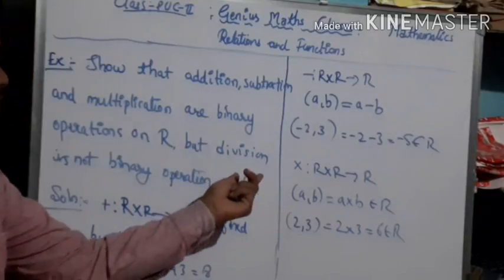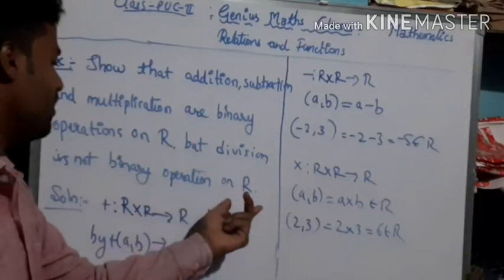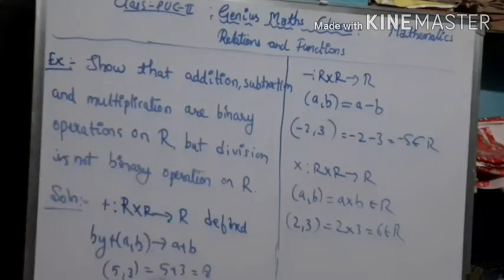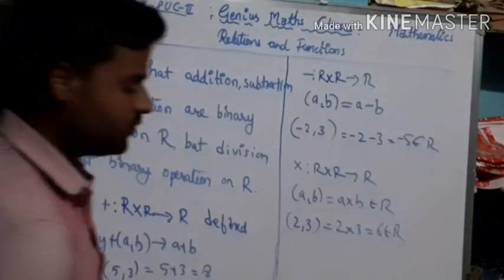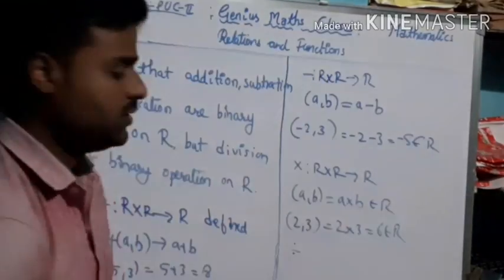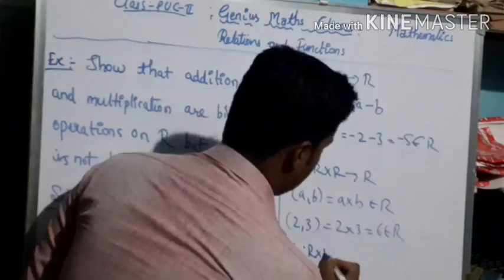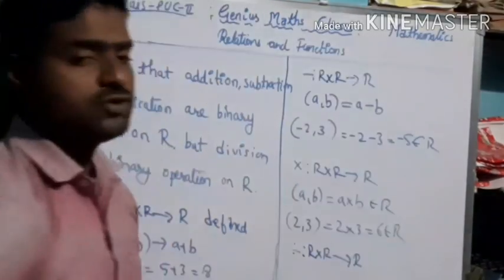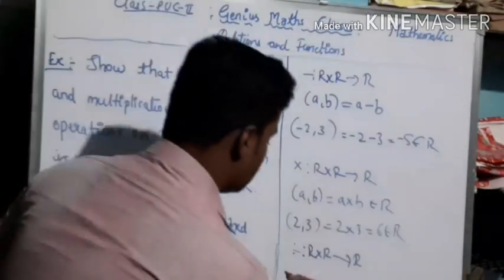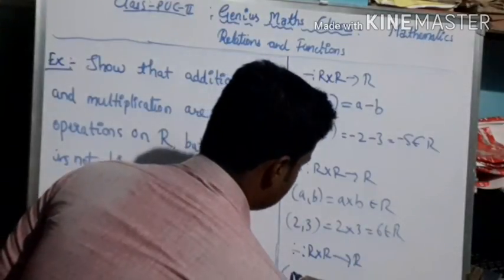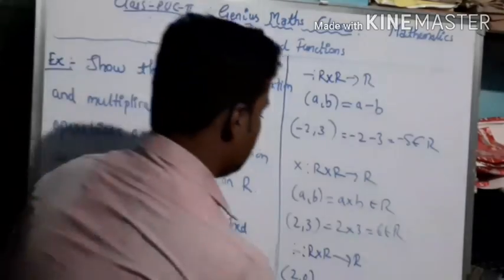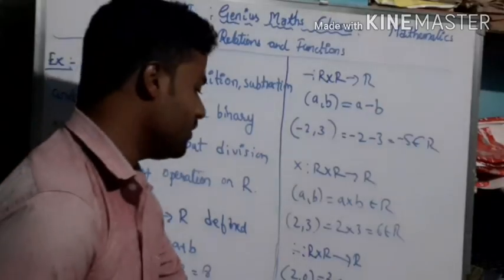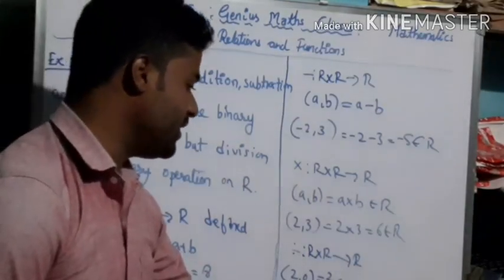But come to division. Why is the division operation on R not a binary operation? Because if I define division on R cross R to R, it is not a binary operation. Why? If I consider 2 comma 0, then 2 divided by 0 is undefined, or infinity.